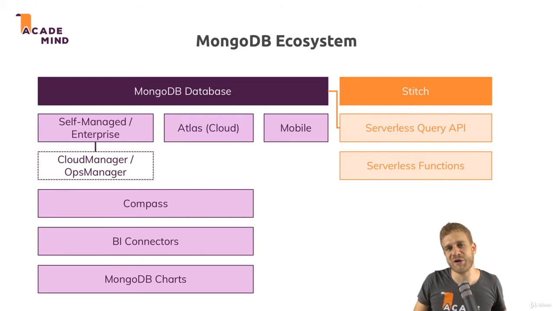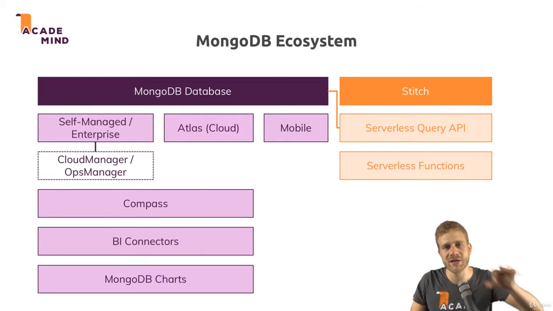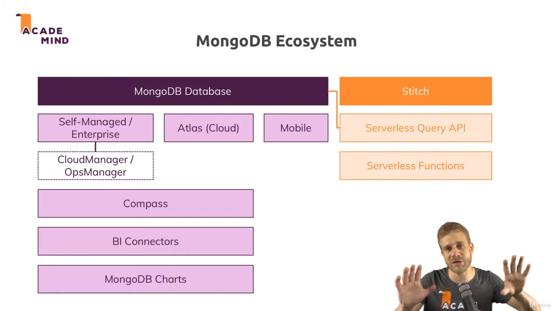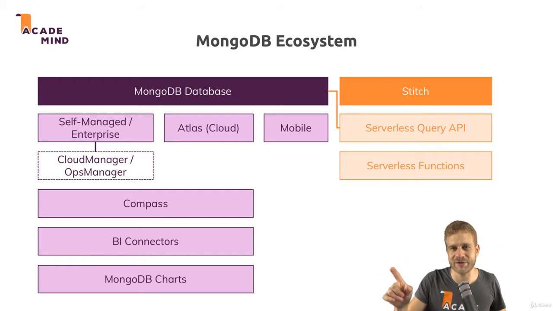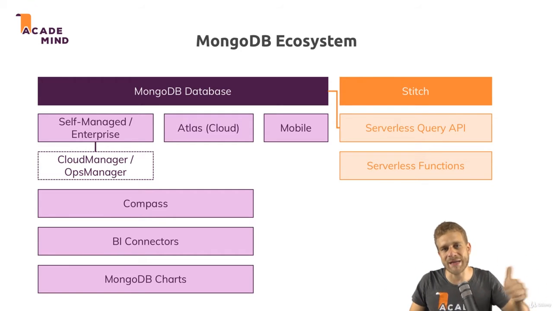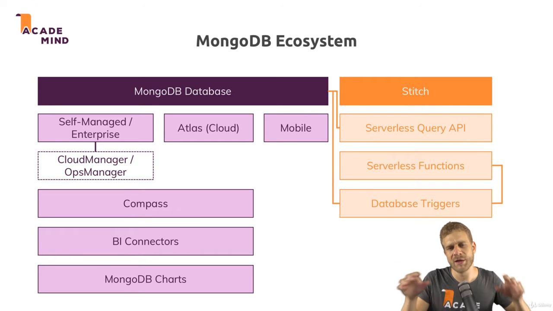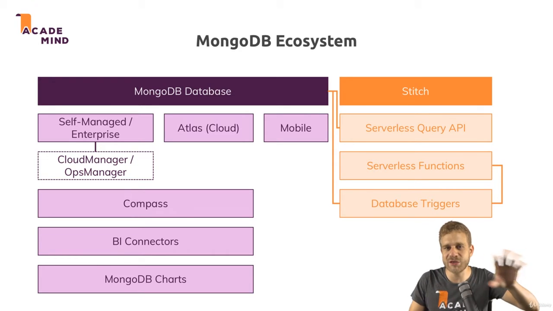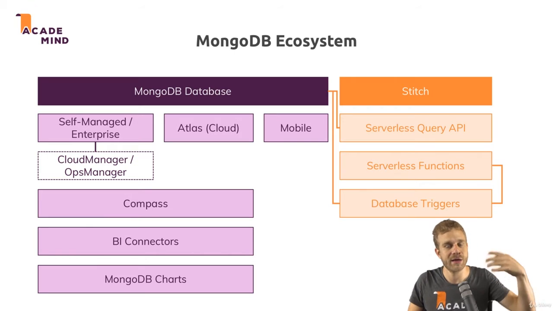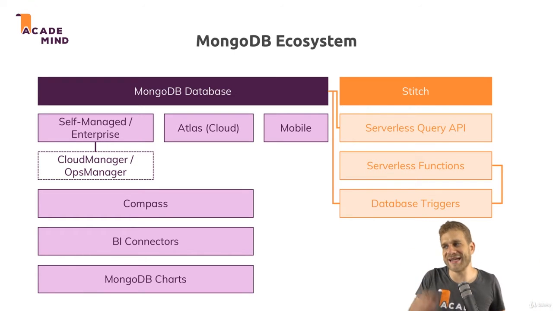You also have serverless functions, which allow you to execute code in the cloud on demand. So now this is totally unrelated to the database. You can execute any JavaScript code in the cloud there. And if you know something like AWS Lambda or Google Cloud Functions, this is your equivalent. We also have database triggers, which is basically a service that allows you to listen to events in a database, like a document was inserted, and then execute a function in response to that.